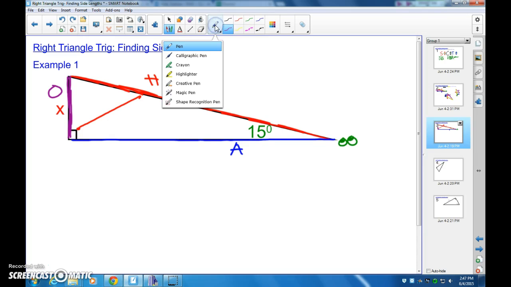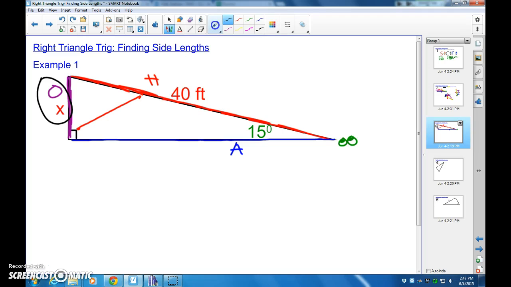Now, I am trying to solve a problem that has x as the unknown and it's the opposite, but I do know the hypotenuse, which is the 40. So if I have the O and I want the O and I have the H, SOHCAHTOA, I must be doing sine.